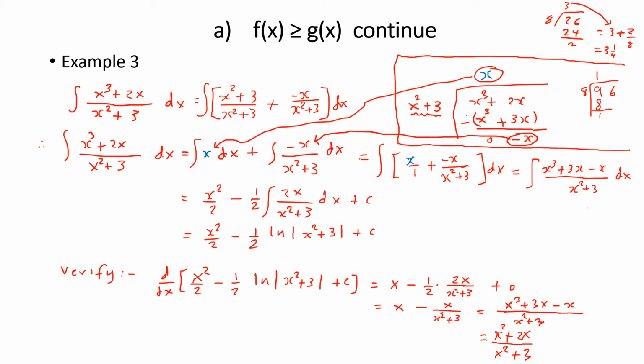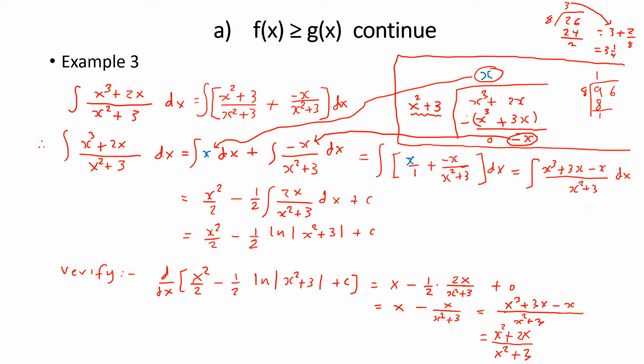Just like this division, it will give us this is the quotient and this is the remainder relative to the divisor, 2 over 8. So this is the quotient and this is the remainder relative to the divisor, which is the denominator.